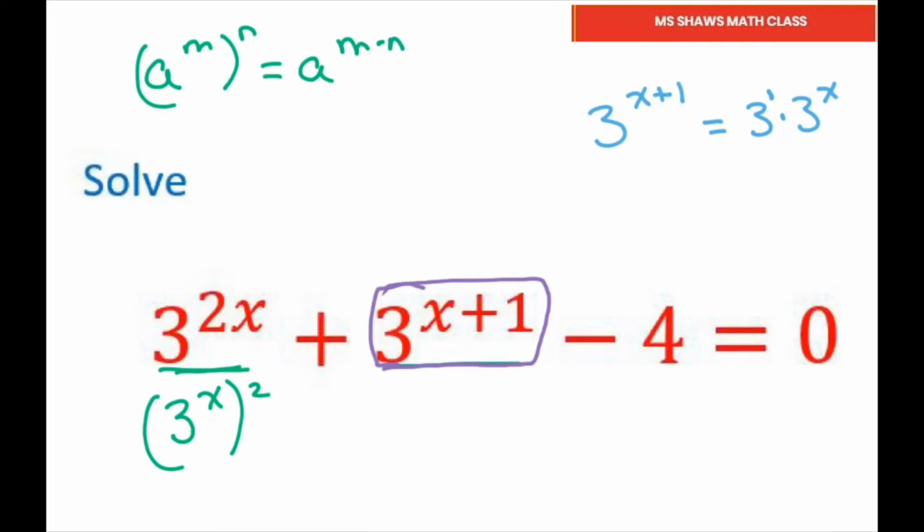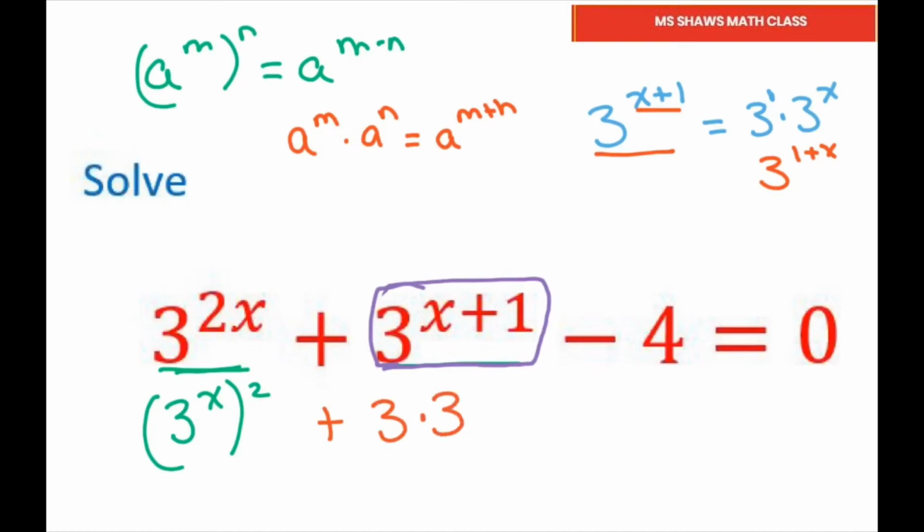Remember, your product property says if you have a to the m times a to the n, that equals a to the m plus n. So this equals 3 to the 1 plus x, which is the same as x plus 1. So I'm going to rewrite this as 3 times 3 to the x minus 4 equals 0.